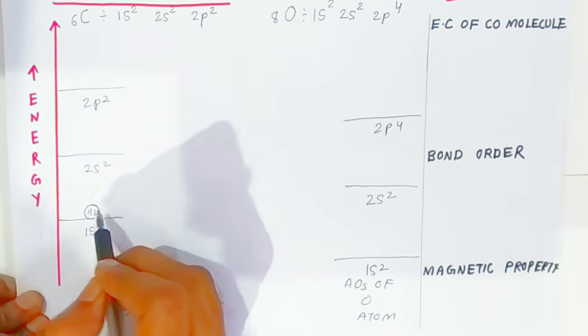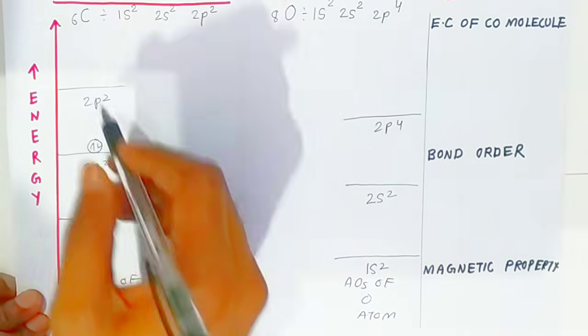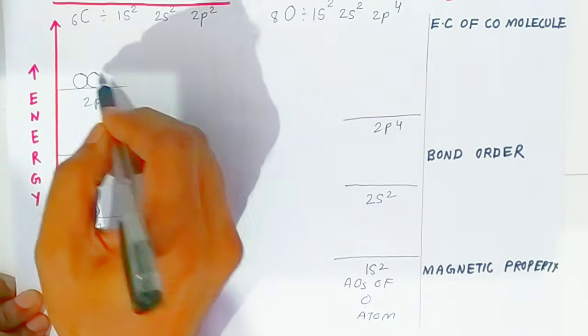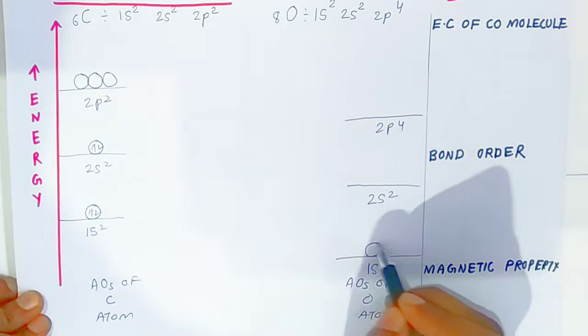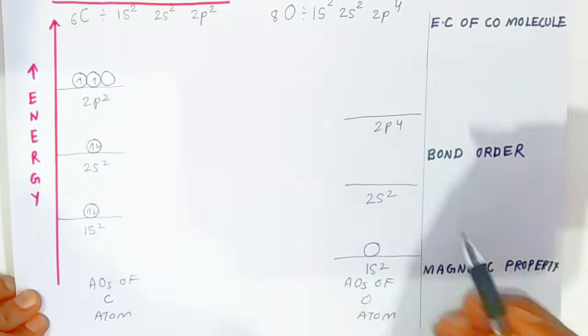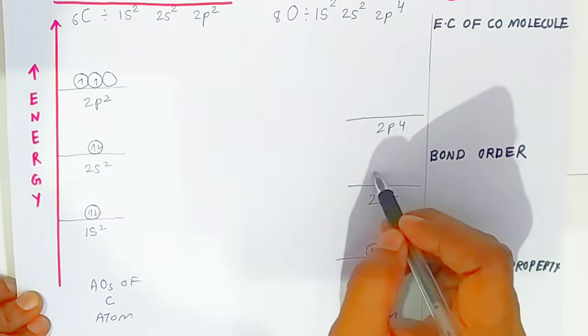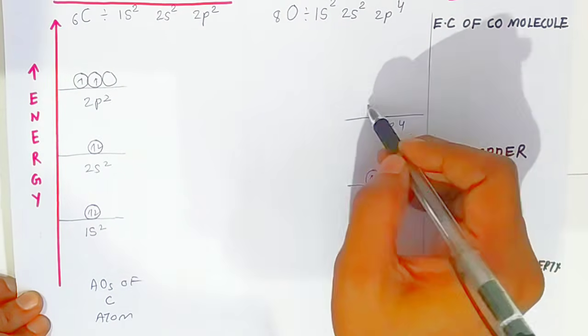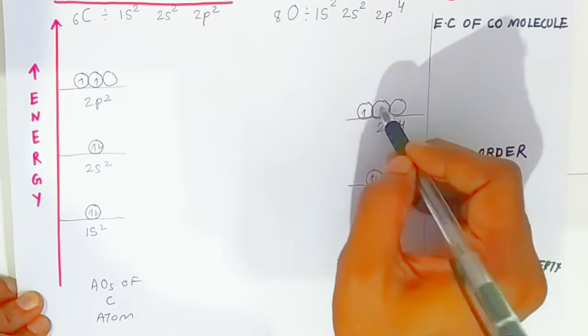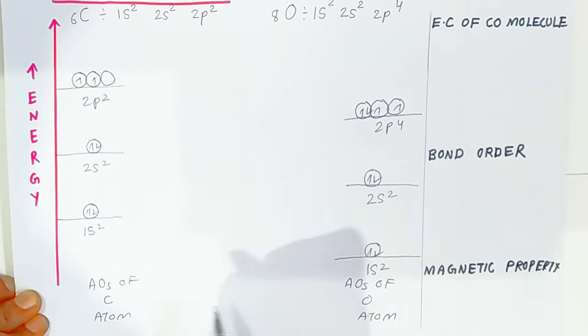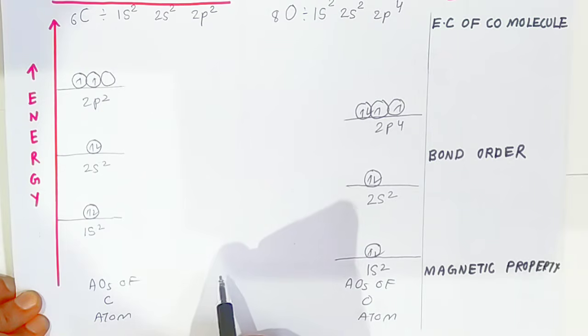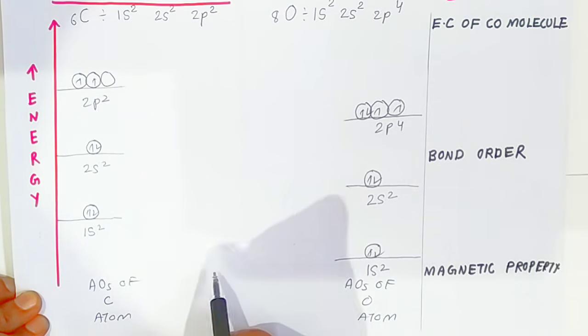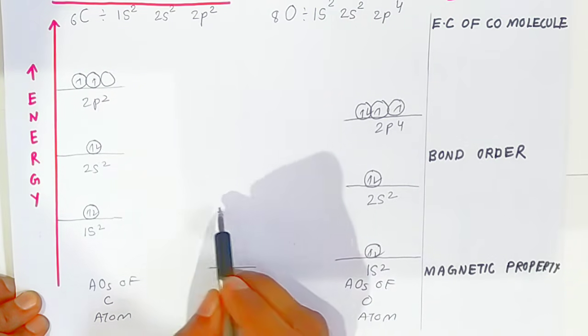Now students, we are filling the electrons. 2p has 3 subshells. Here also, 2p2 has 2 electrons. Here 1s2, 2s2 and 2p has 4 electrons, so the pairing will take place. Now what happens, students, the molecular orbitals having lower energy which form the bonding have lower energy than the atomic orbitals.